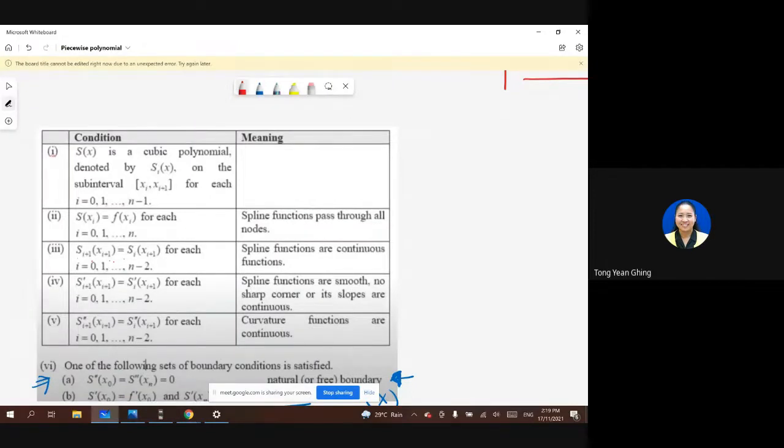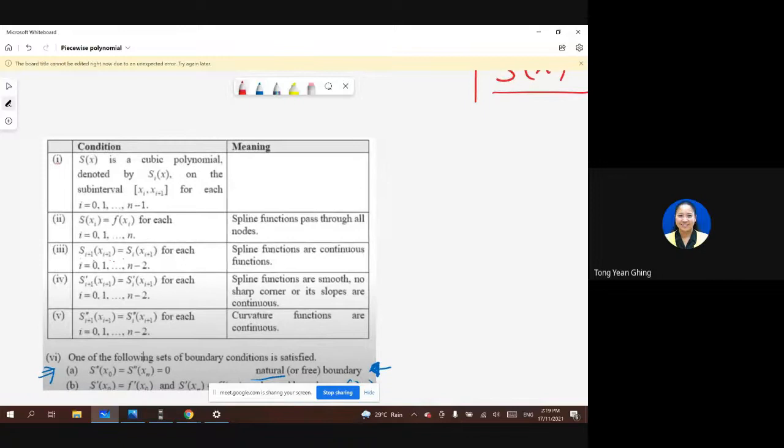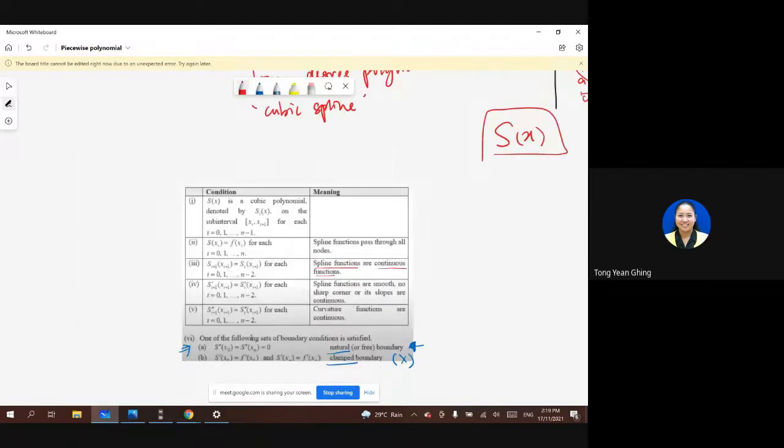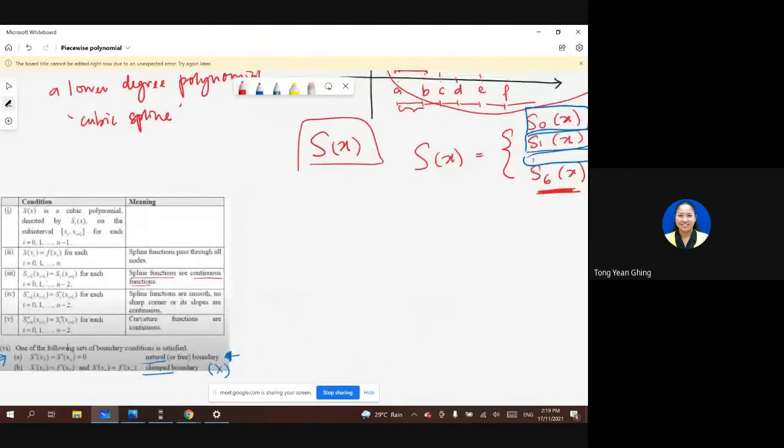So maksudnya, this one, because we want to see the spline functions are continuous. Contoh, katalah i kita, let's say 0. Okay. So that means our S1 have to be the same as S0 at x1.